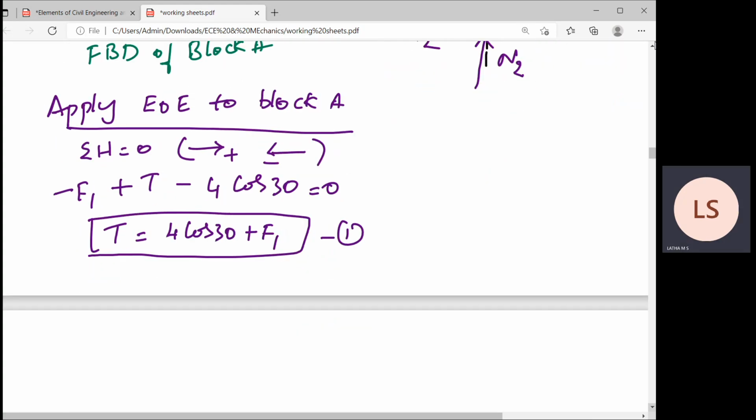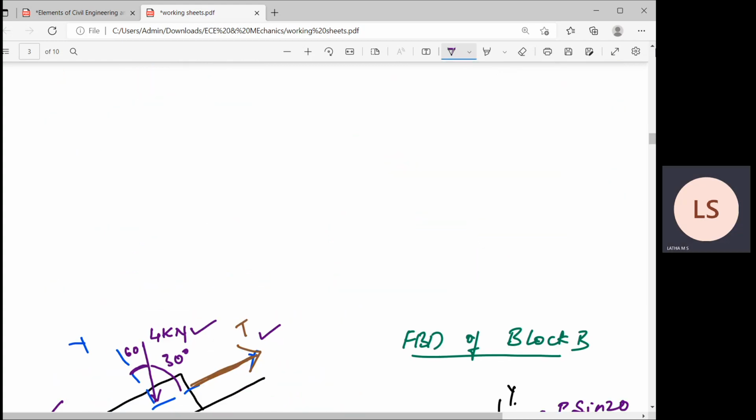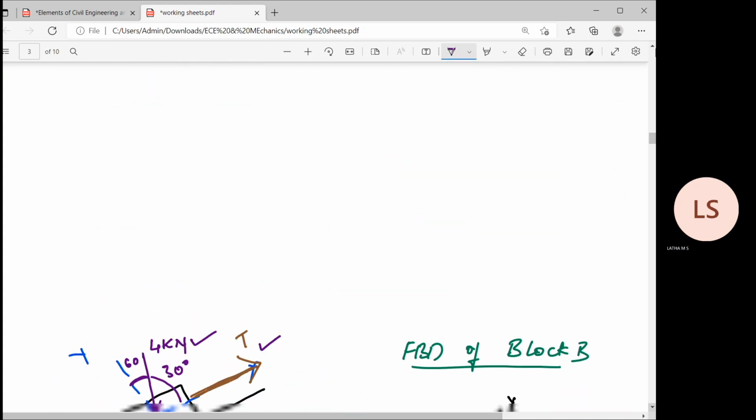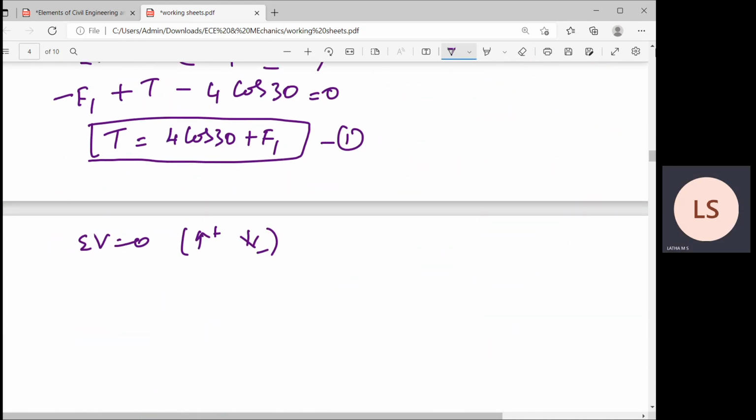Okay. Next, I'll apply the equation sigma V is equal to 0, calling all upward forces positive, all downward forces negative. So you find minus 4 sin 30 and then plus N1.